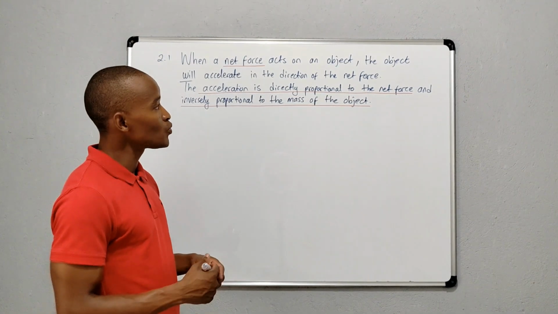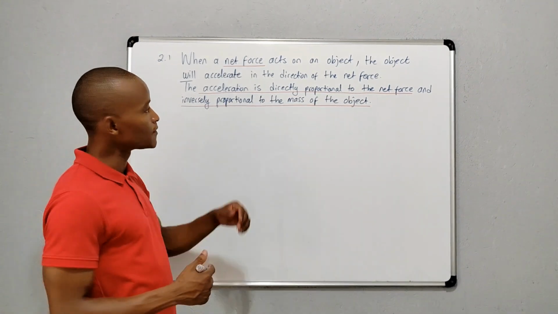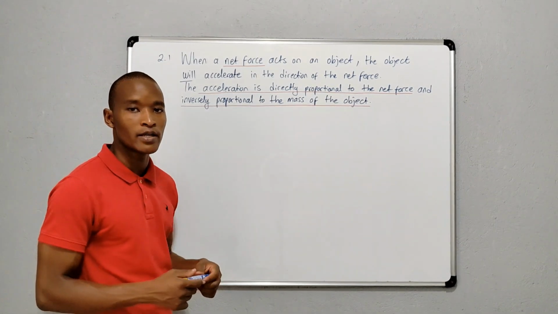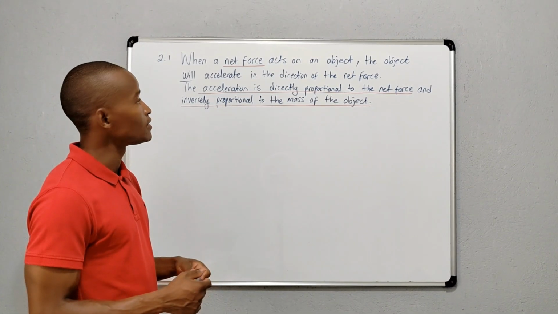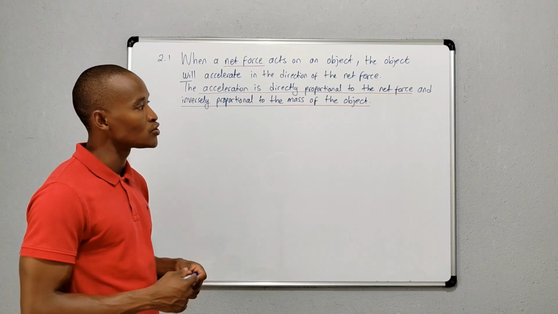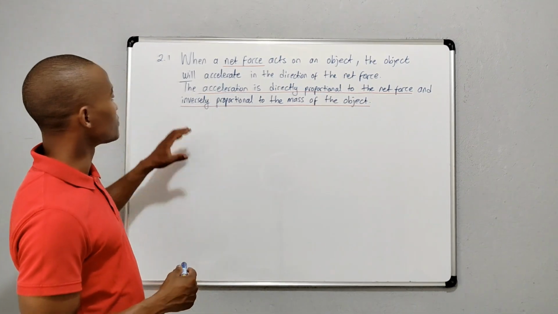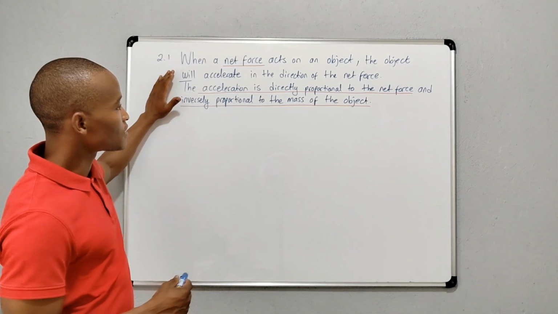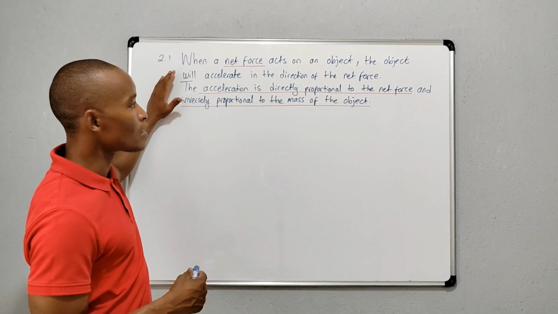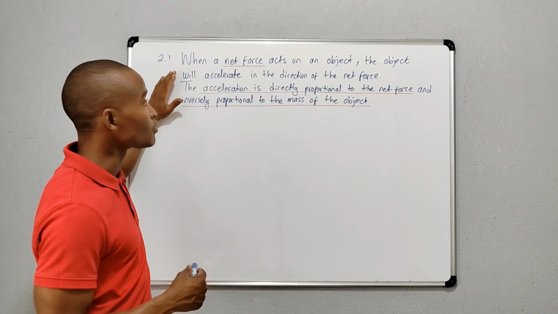2.1 is just asking us to state Newton's second law in words. And this is an easy 2 marks. You should always get these marks, guys. There's no reason for you not to get them. But the keywords that I've underlined here in red are important to be seen as part of your statement.